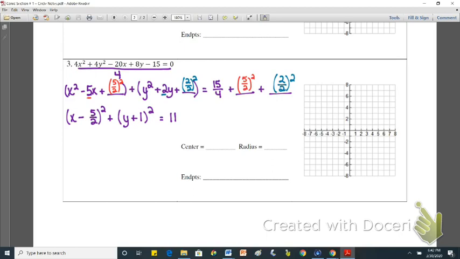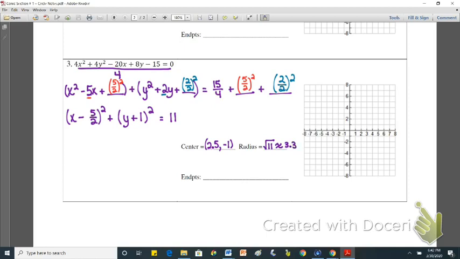Okay? So from here, my center is 5 halves, but since I am going to be plotting it, I am going to put the decimal. So it's 2.5 and negative 1. My radius is square root of 11, which is approximately 3.3.